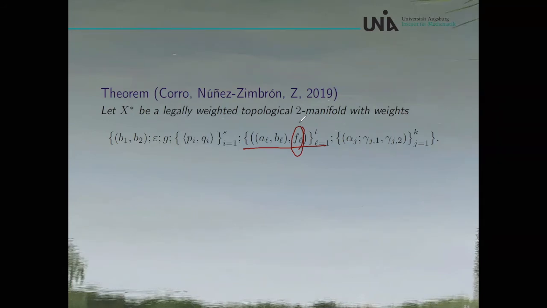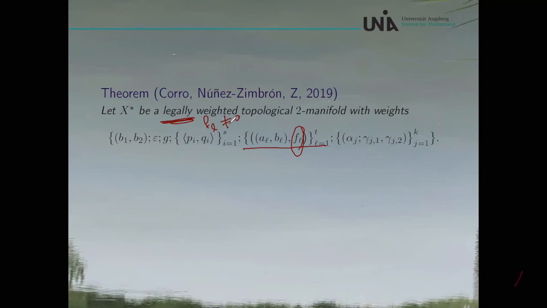And S2 times S1 cannot occur as the space of directions of an Alexandrov space. Therefore, when I say legally, I'm requiring that this F_L is not 0. Okay, I'm given a legal set of weights.